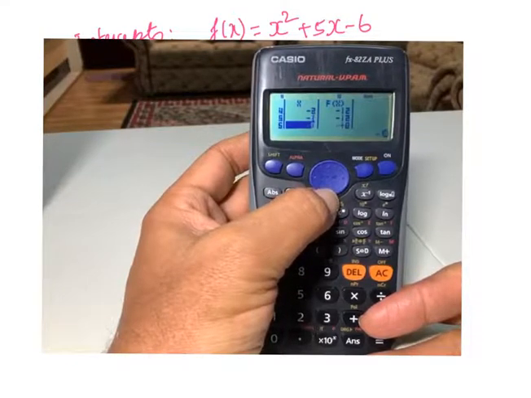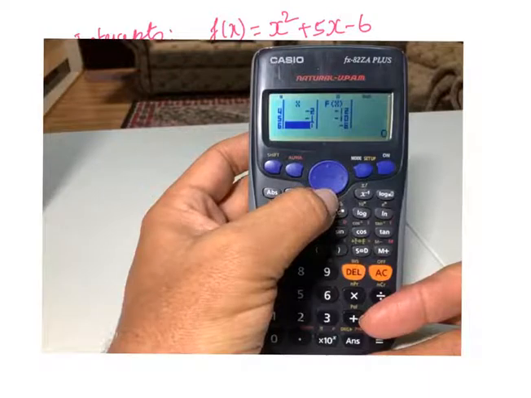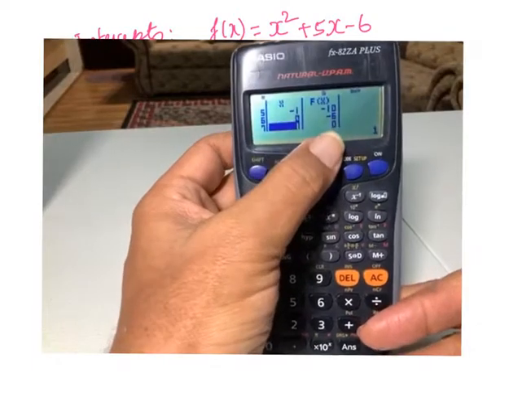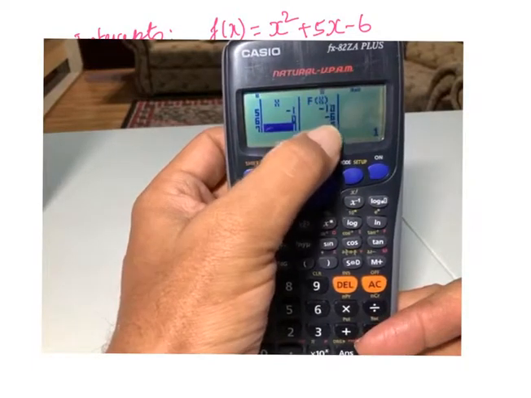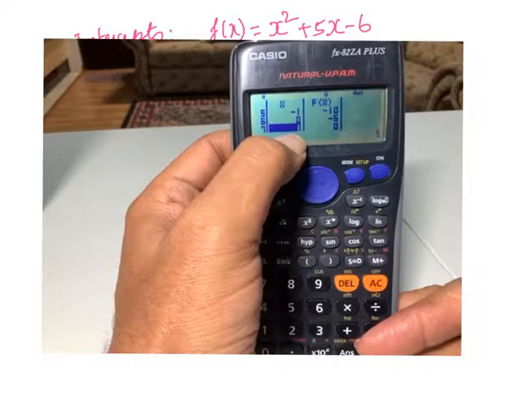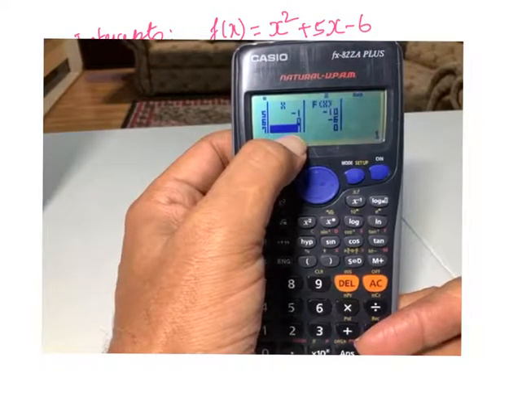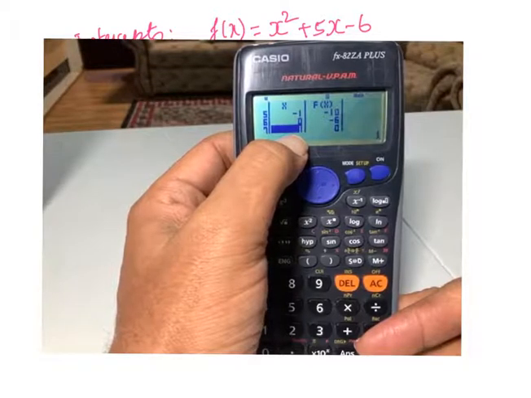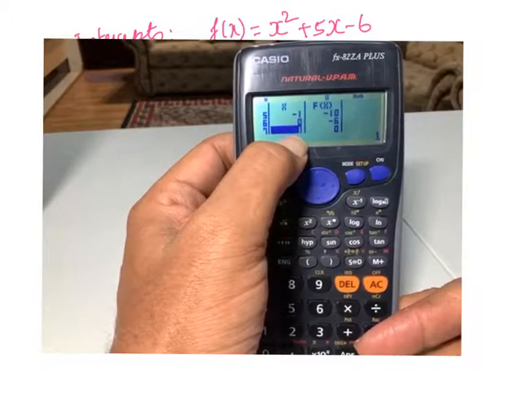Negative 1 is negative 10, and then 0. So now you see, f of x is equal to 0 for x is equal to 1. So I note down that one.